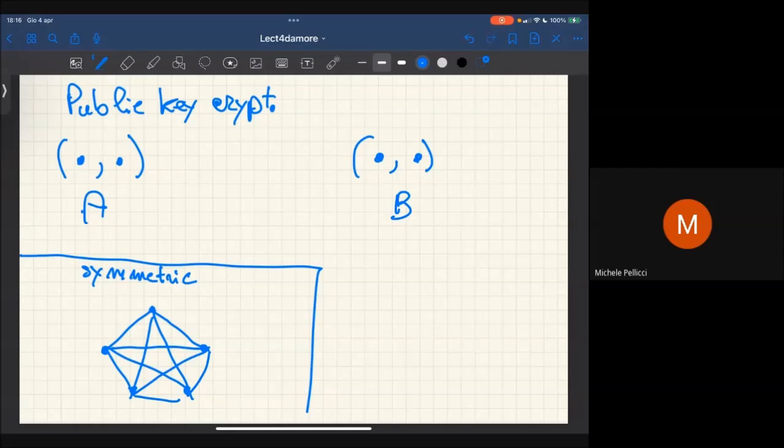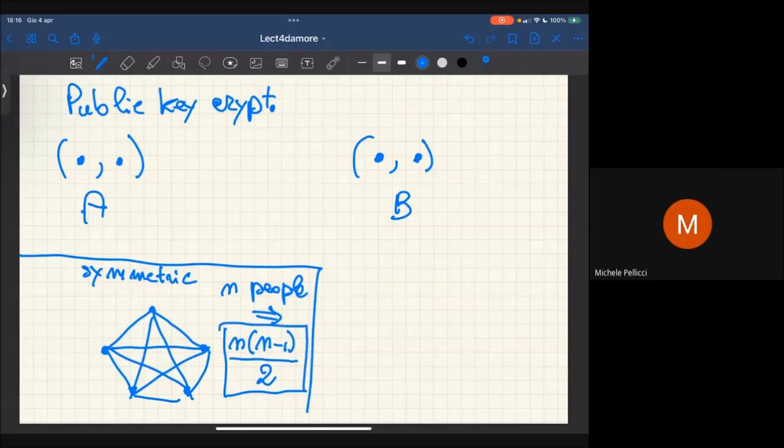In general, for letting n people communicate in a secret way, we need n times n minus 1 divided by 2 different keys shared between all possible pairs of persons. Indeed, this number is the number of possible pairs of persons by considering n persons.